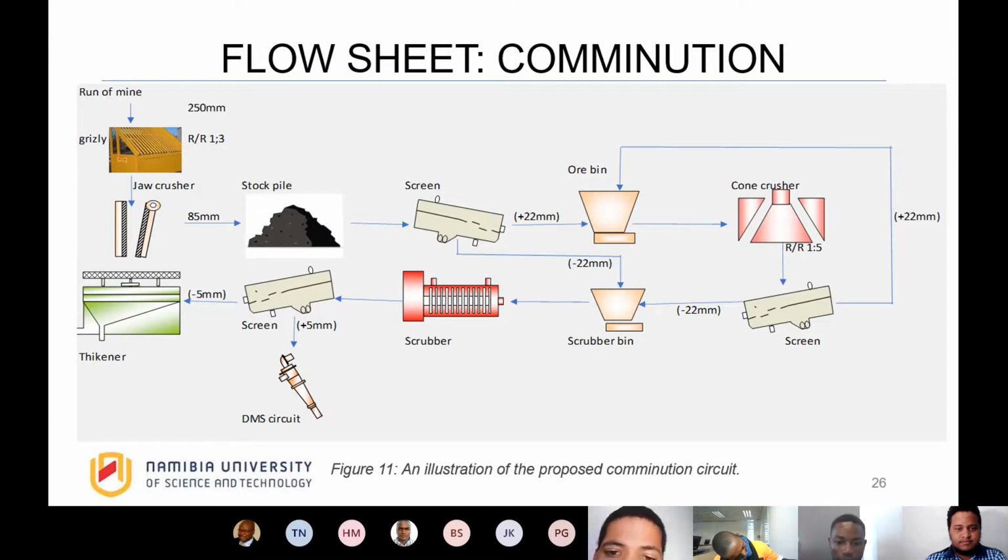From the stockpile, we screen the fines. Particles less than 22 millimeters will be sent to the scrubber bin. The particles above 22 millimeters will be stored in an ore bin that feeds the cone crusher.